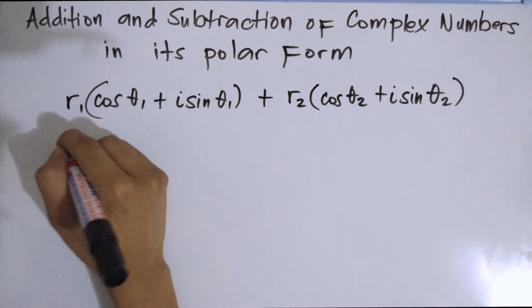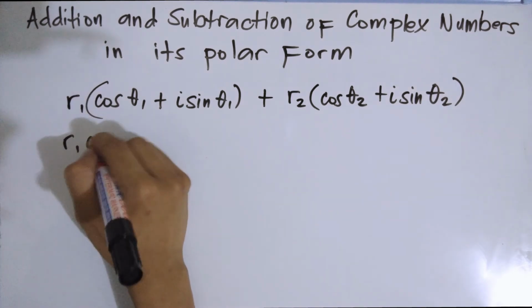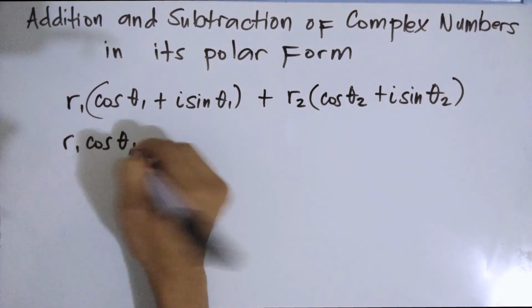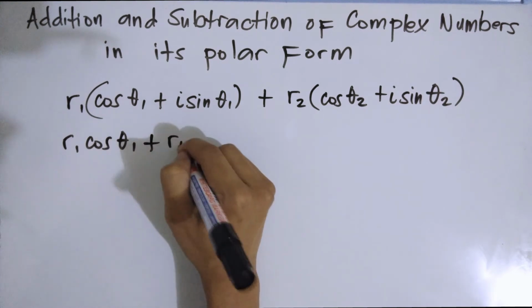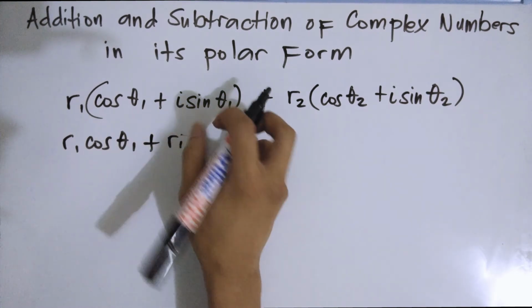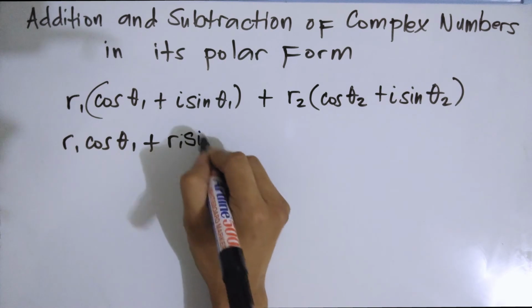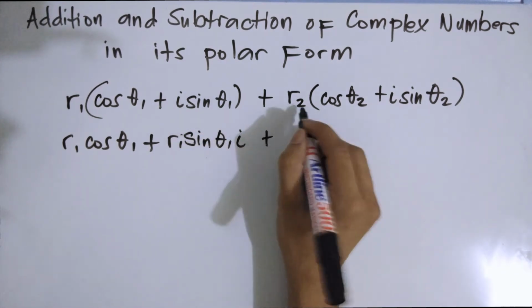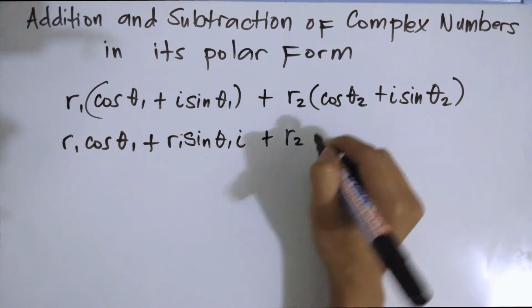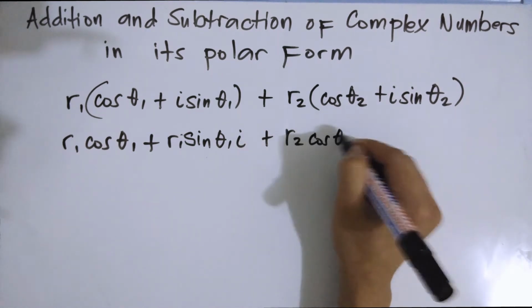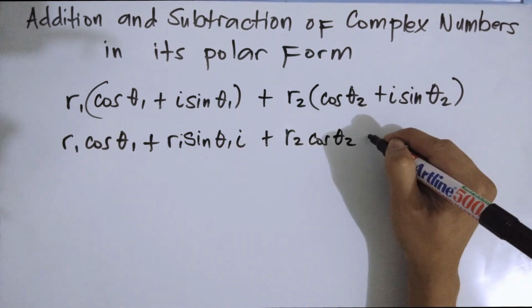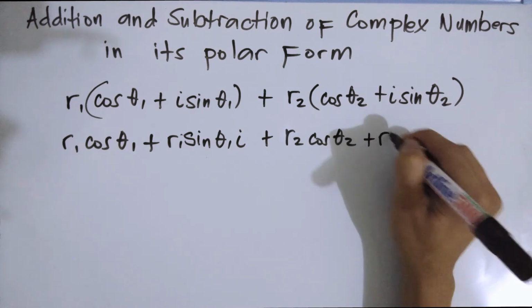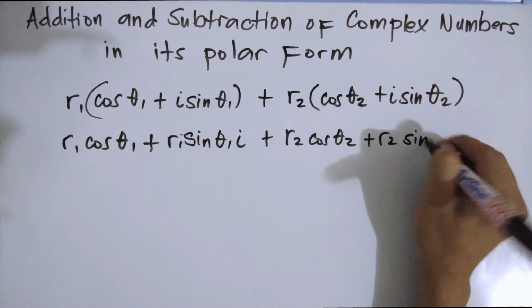So this would be r sub 1 cosine of theta 1 plus r sub 1 sine of theta 1 times i. Distribute r sub 2: r sub 2 cosine of theta 2 plus r sub 2 sine of theta 2 times i.